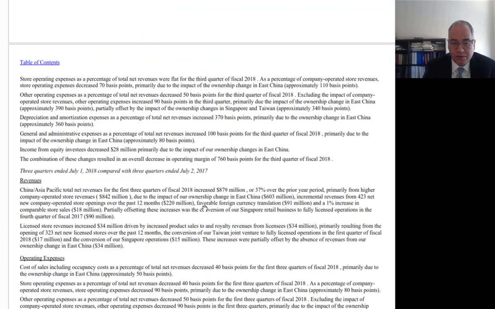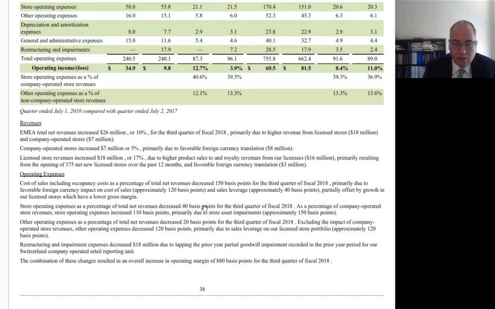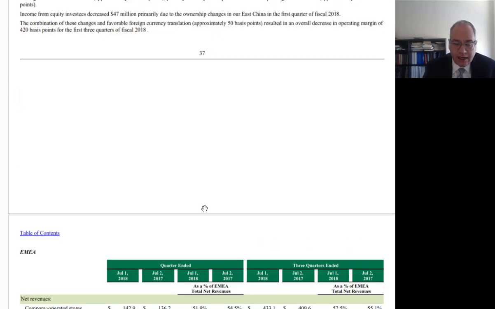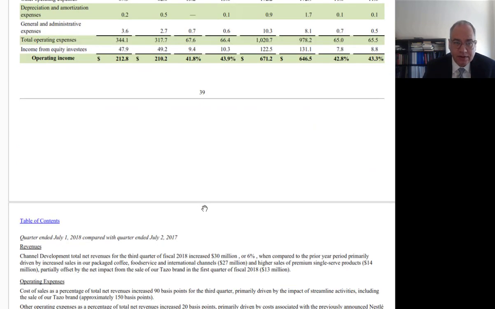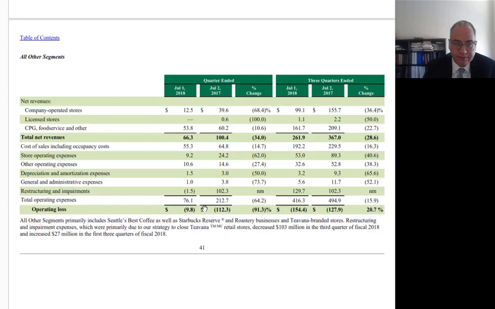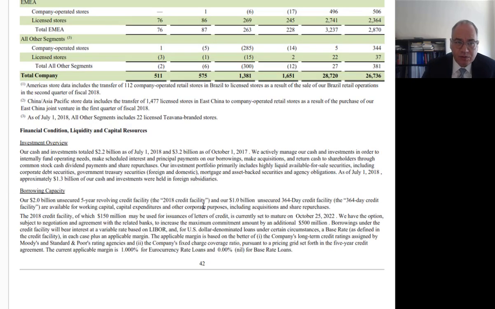Here's China, Asia, Pacific, and their results, what they call EMEA, which is Europe, Middle East, and Africa, I believe. Starbucks in Africa. Here's other segment disclosures, but this is MD&A, and they're not really segments per se.